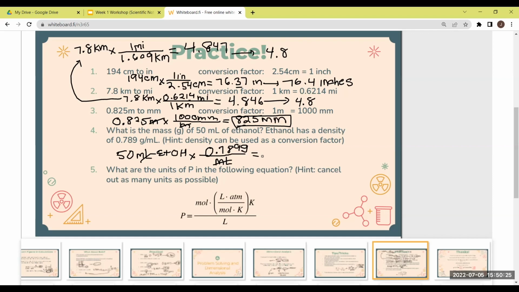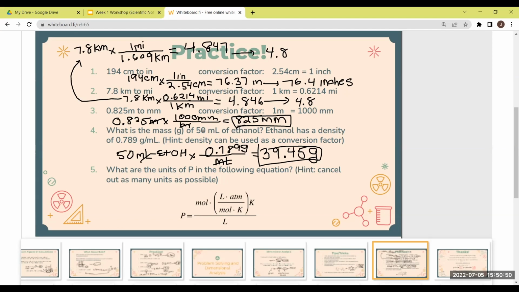And so the final answer is going to be 39.45 grams. We're going to take into account the significant figures here.